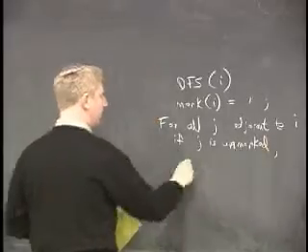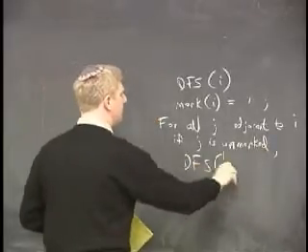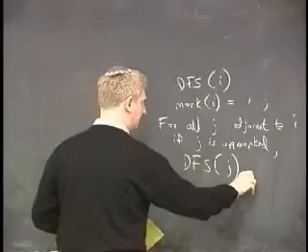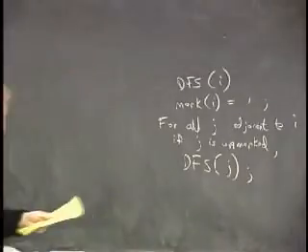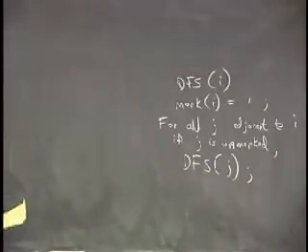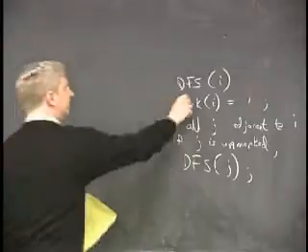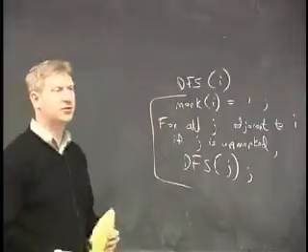If j is unmarked, do depth first search of j. That's a depth first search skeleton.